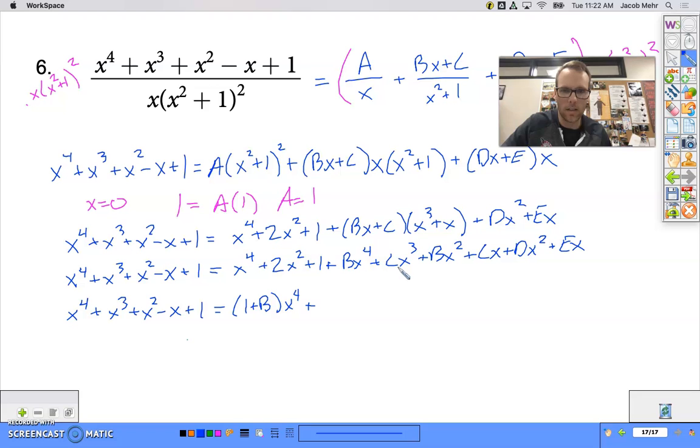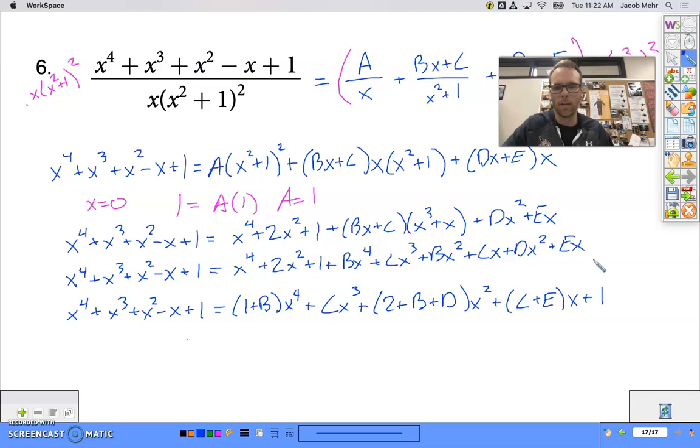I just see the c. I like that. That's going to work out pretty well. How many x squareds? 2 plus b plus d x squareds. How many x's? C plus e. And our constant is 1.